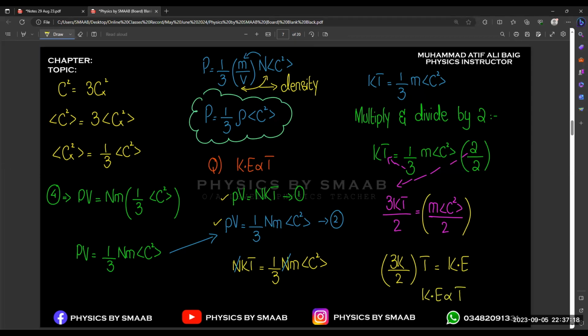And if we replace the directly proportional sign, it can be replaced by this constant value. Because we know that k is the Boltzmann constant, and 3 over 2 is simply a number. So you will get the same derivation, that half mv square is equal to kinetic energy, and 3 over 2 is constant, and k is the Boltzmann constant, right? Clear? Any confusion?